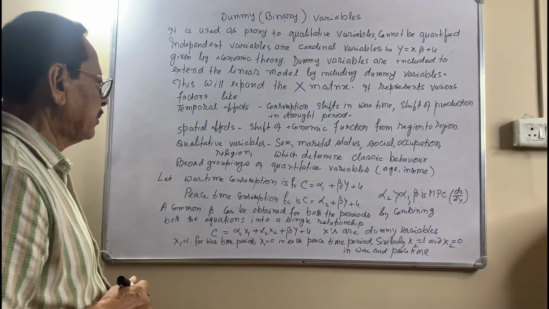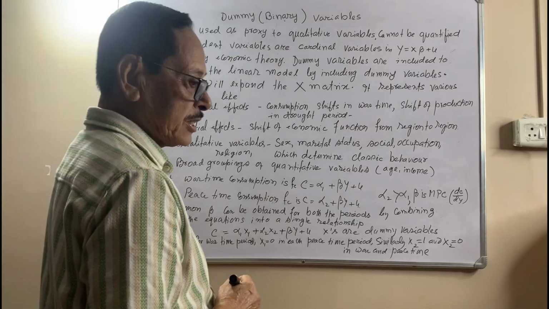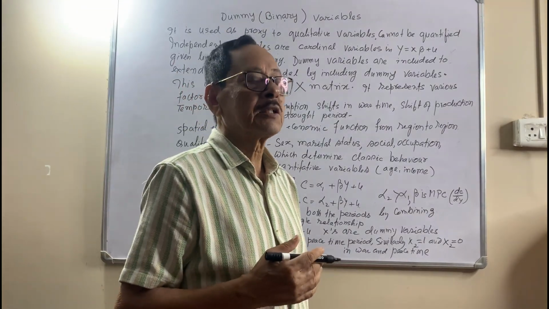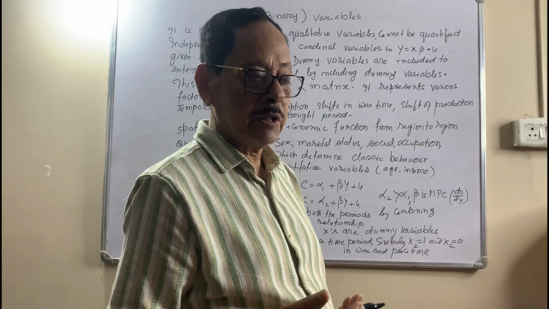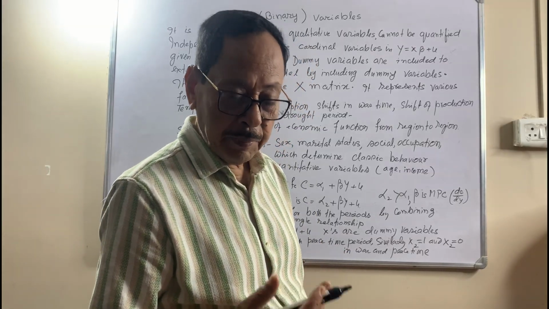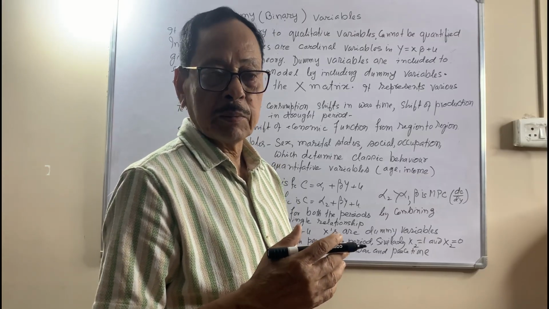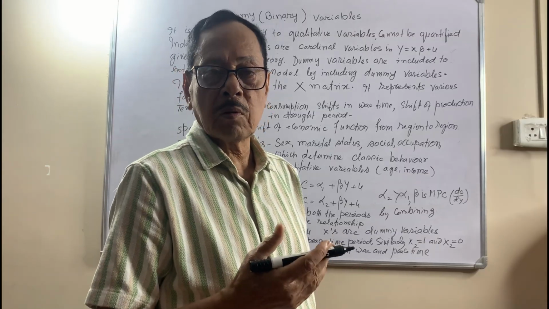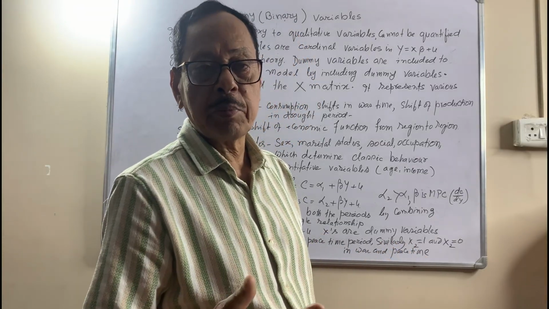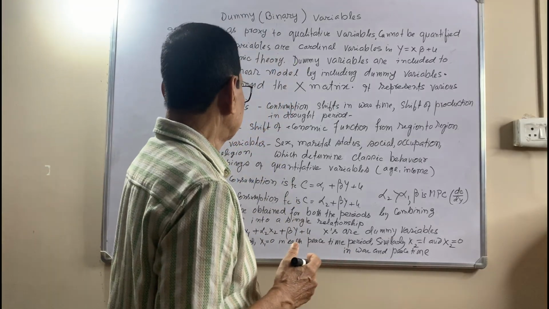Then qualitative variables. Qualitative variables, for example, sex. Sex means male or female. There are some relationships that depend upon male or female. So there is consumption of goods which is more in female, less in male, like that.